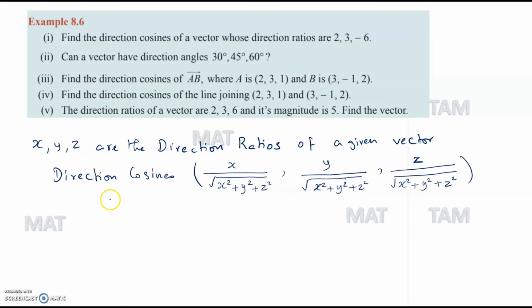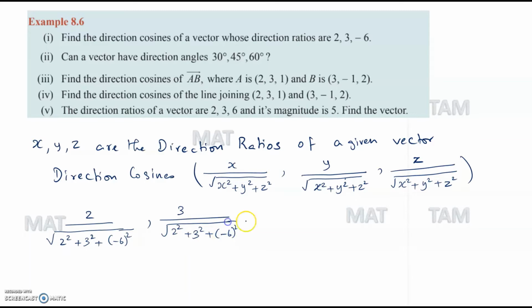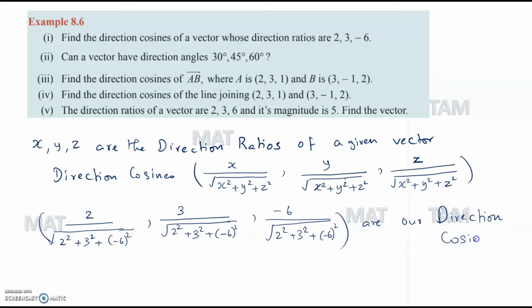So here, replacing, we can say that our direction cosines will be 2 by square root of 2 squared plus 3 squared plus minus 6 squared, comma 3 by square root of 2 squared plus 3 squared plus minus 6 squared, minus 6 by square root of 2 squared plus 3 squared plus minus 6 squared, our direction cosines.